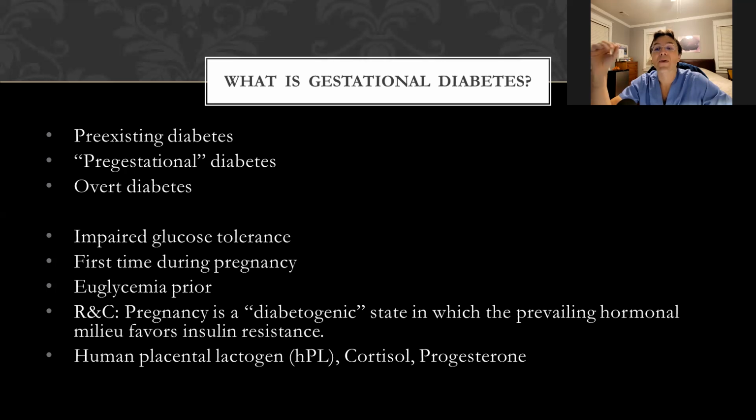So we're talking about insulin resistance, meaning you produce your insulin, but since you have this hormonal milieu where you have human placental lactogen, cortisol, and progesterone, they're saying, hey, insulin, I know you like to bring glucose into the cell, right?